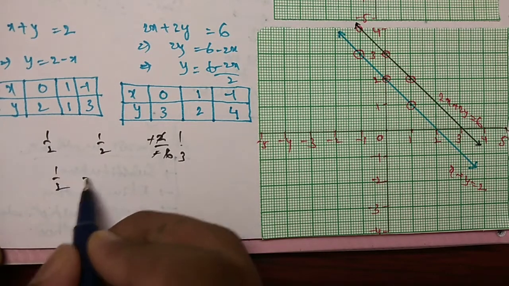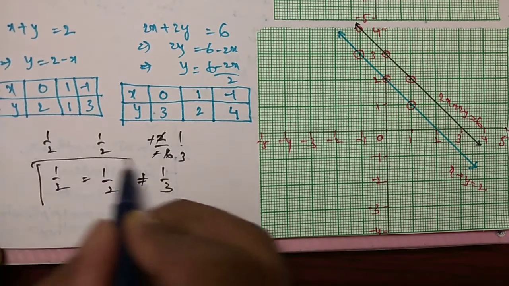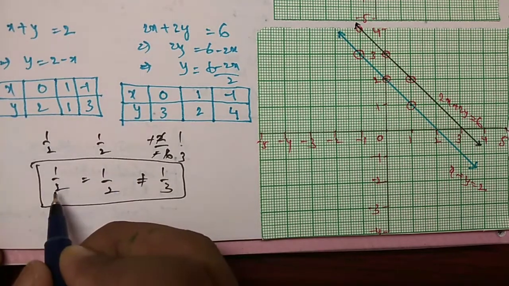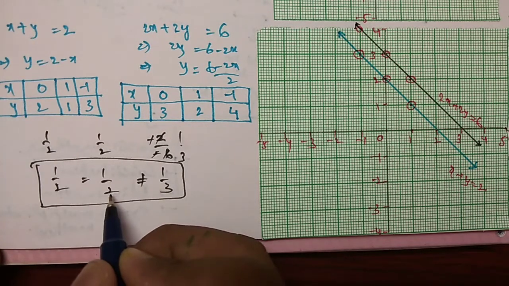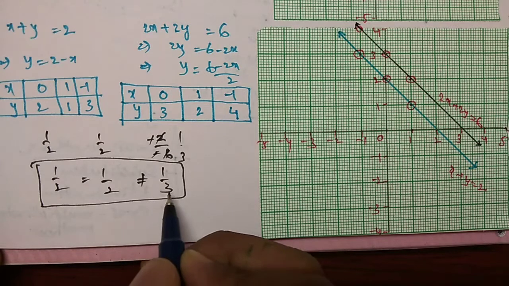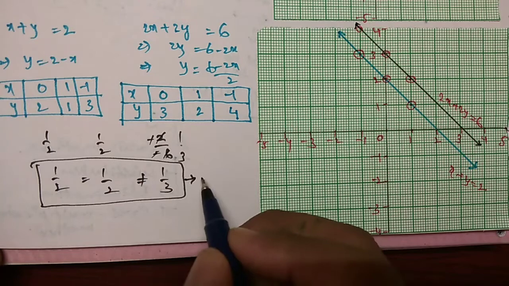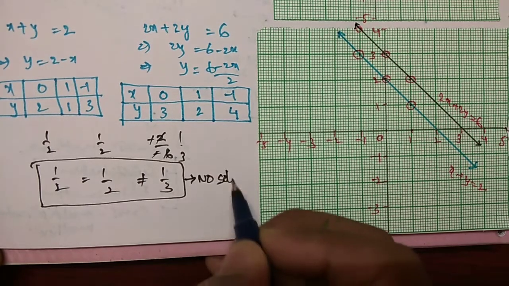So here 1 by 2 equal to 1 by 2, but it is not equal to 1 by 3. The ratio of coefficients of x equals the ratio of coefficients of y, but it is not equal to the ratio of the constants. In this case, the pair of linear equations has no solution.